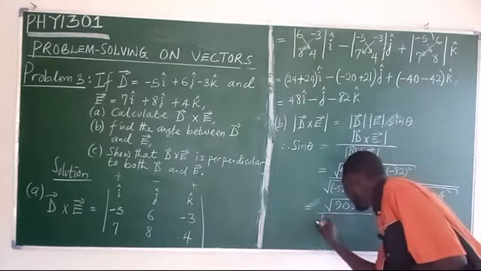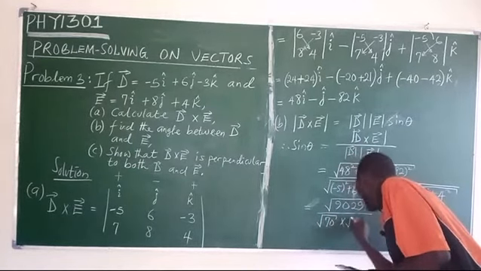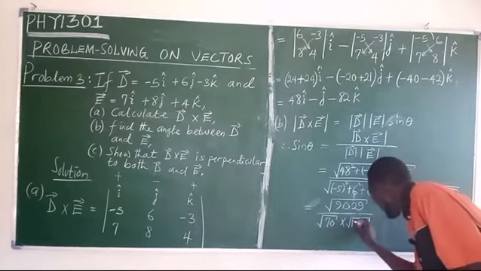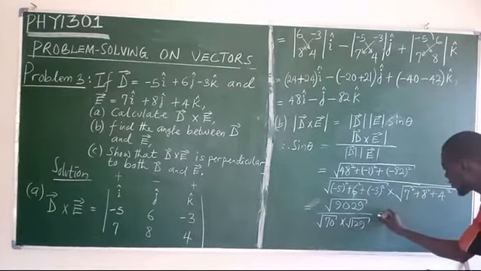So I have square root of 70 multiplied by square root of, then here this one, 7 squared plus 8 squared plus 4 squared, and this will be 129. Next, we move on.